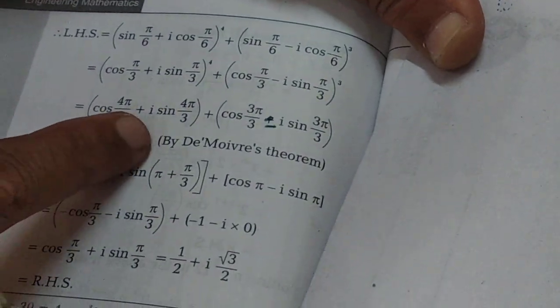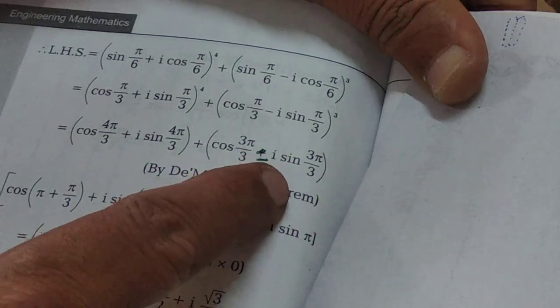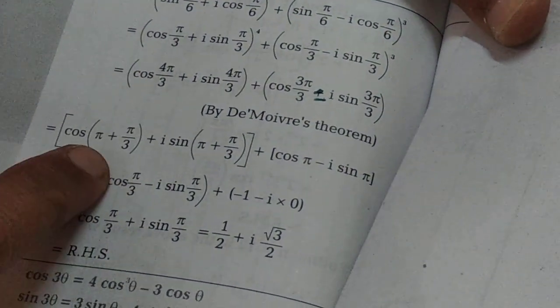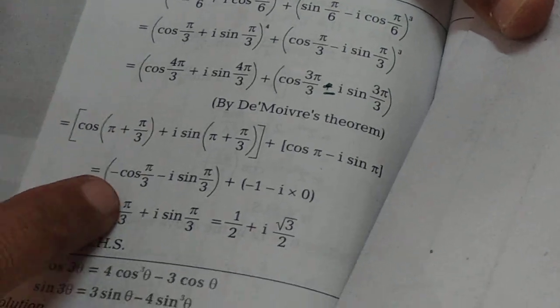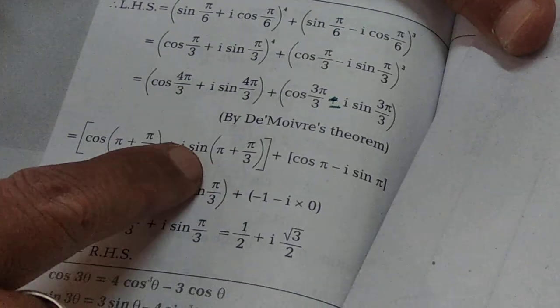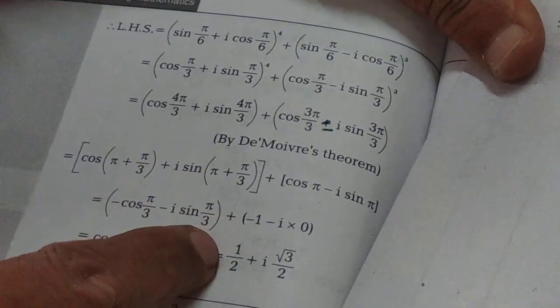This 4 becomes the multiplying factor, cos of 4 pi by 3 plus I sin 4 pi by 3. Here also the same, this 3 becomes the multiplying factor, cos of 3 pi by 3 minus I sin 3 pi by 3. So this cos of 4 pi by 3 is cos of pi plus pi by 3, that is minus cos of pi by 3, and sin of 4 pi by 3 is sin of pi plus pi by 3, that is minus sin of pi by 3.